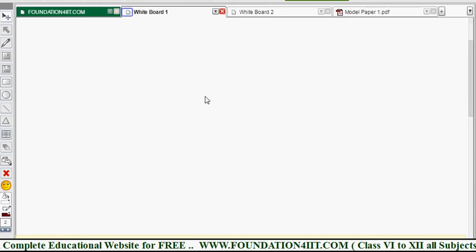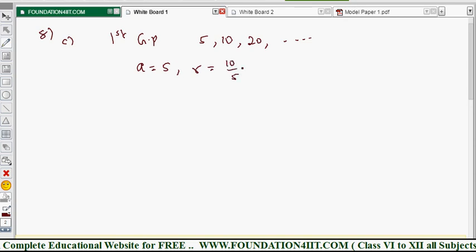Two series are given, first and second series. The first series is in GP: 5, 10, 20, and so on. In this the first term a is 5 and the common ratio is the second term divided by the first term, that is 2.